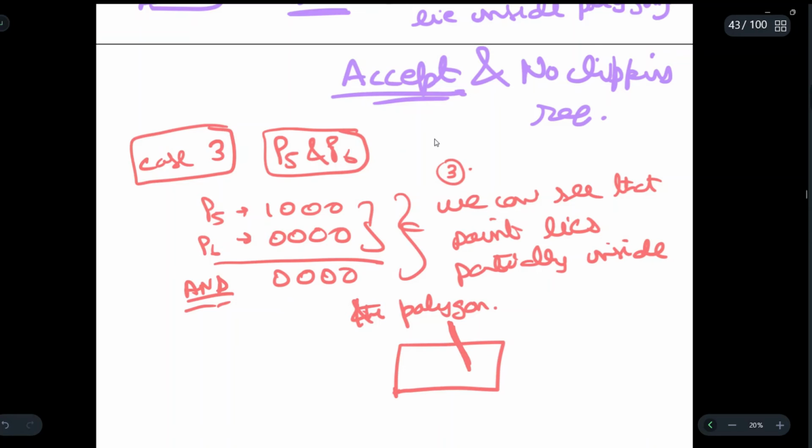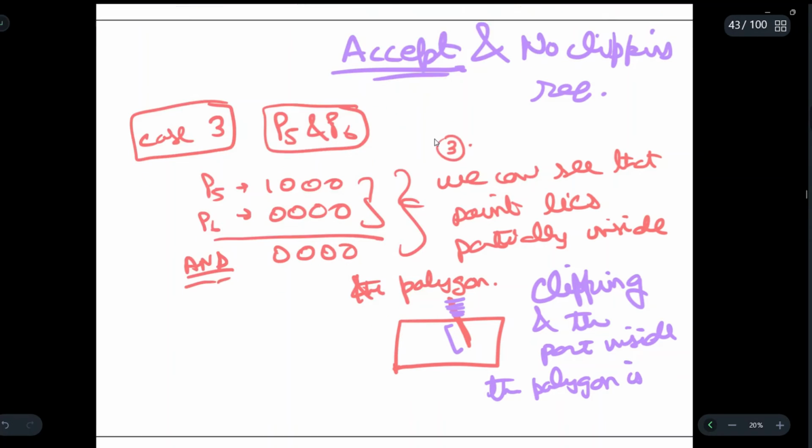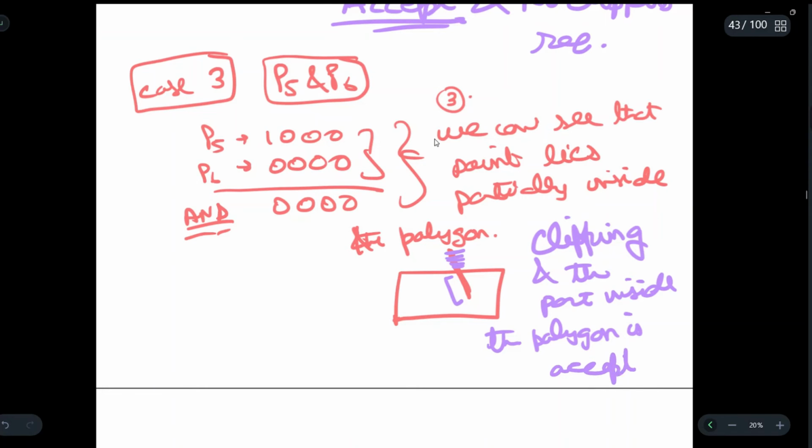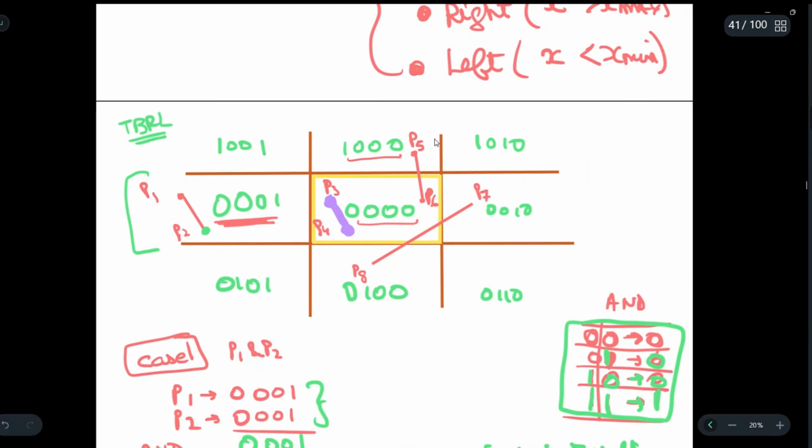We will be clipping this part and only accepting this part. So clipping is required, and the part inside the polygon is accepted. So this portion will be clipped, that is, removed, and only this portion will be accepted.